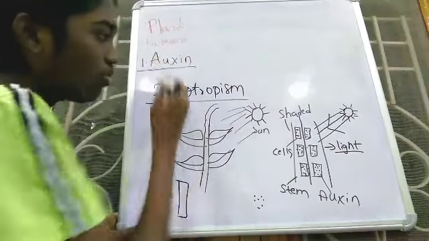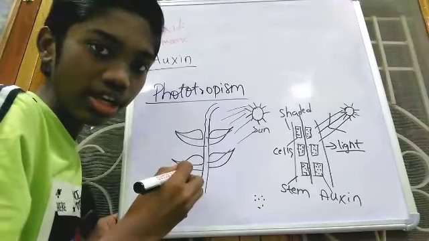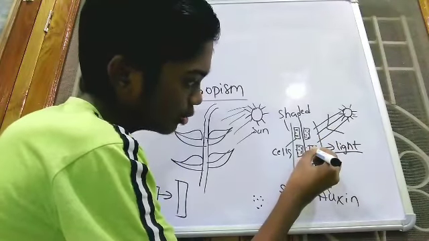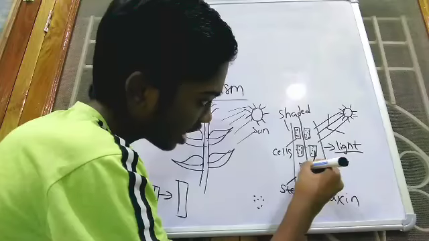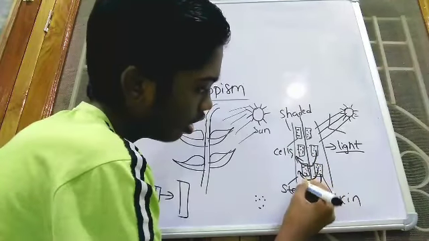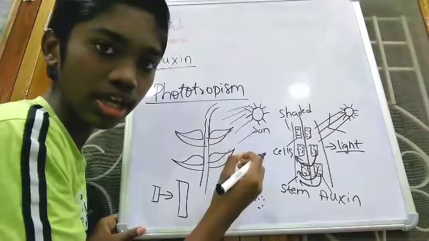This auxin has one property: it is resistant to light, means it will escape from the light. So when the light falls, automatically the auxins present on the right cells will be transferring to the left cells. All the auxins will be transferring to the left cells to escape from the sunlight.